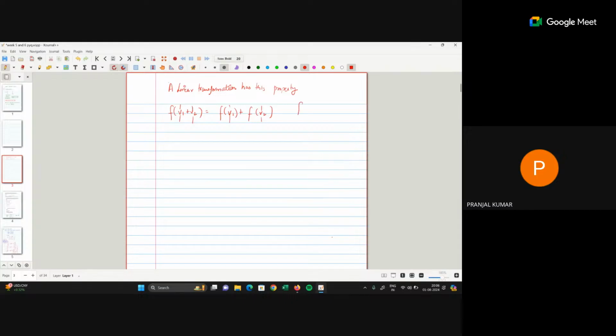Suppose there is a linear transformation from one vector space to another vector space. Then it will be a linear transformation if this condition is satisfied.